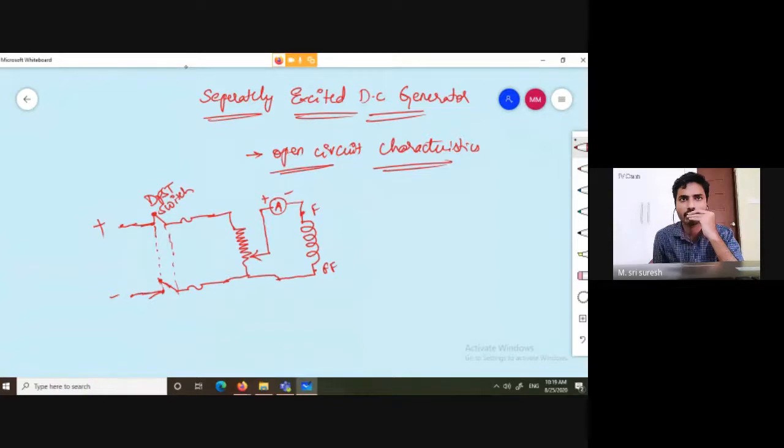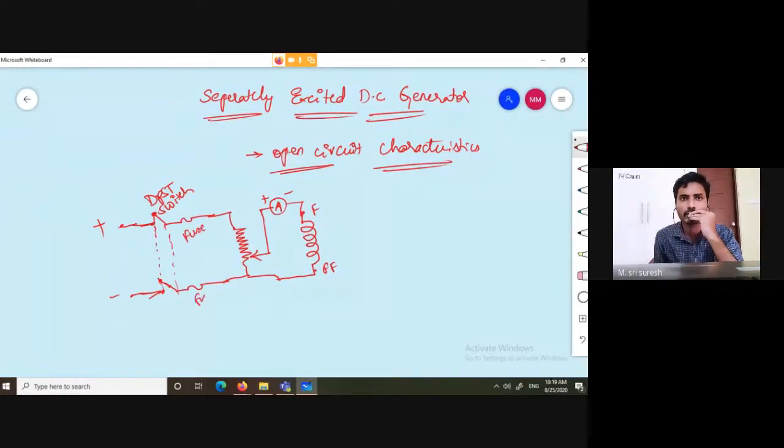This is the DPST switch, double pole single throw switch. You are seeing the two poles. It will close only on a single side. That's why it is called a double pole single throw switch, DPST switch.